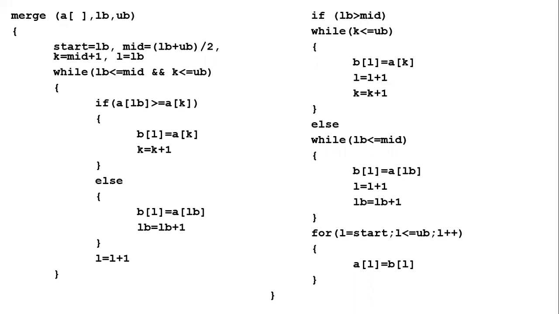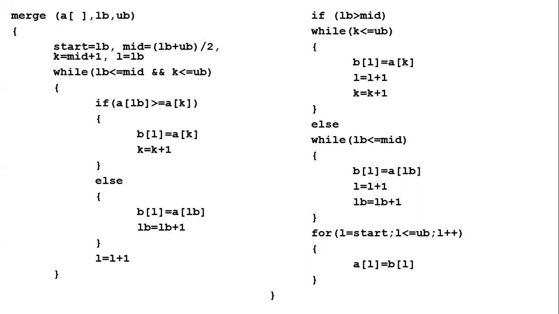So the value K now points to 5. Previously K was at the 4th position because its value was mid plus 1. So K points to 5. That means here also L will be increased by 1. Why will L be increased by 1? Because L is the index of the temporary array B.